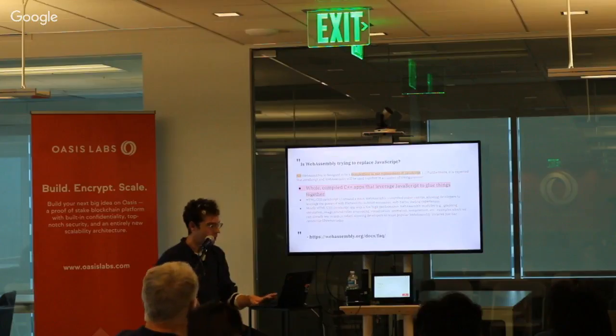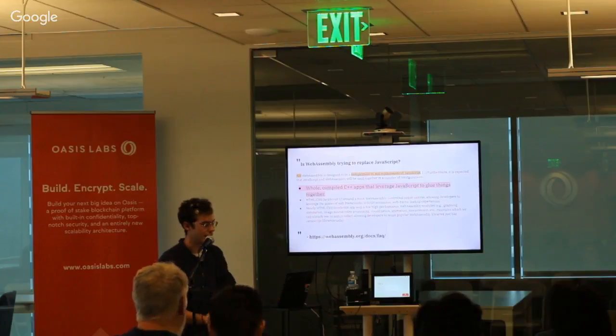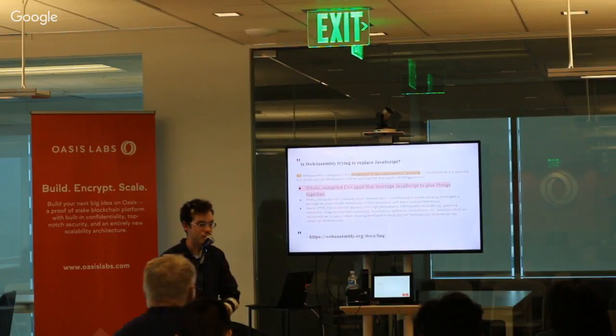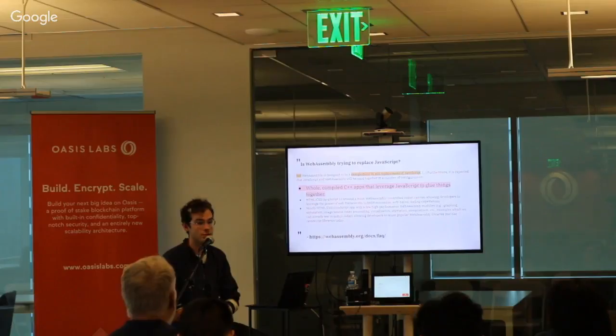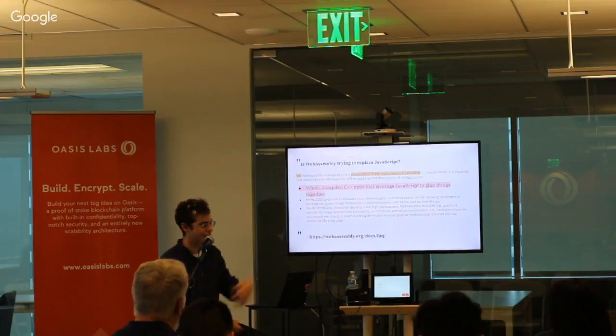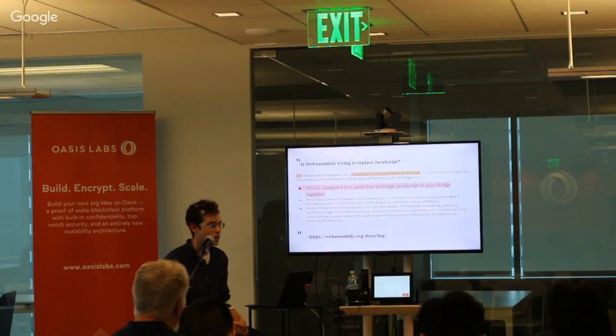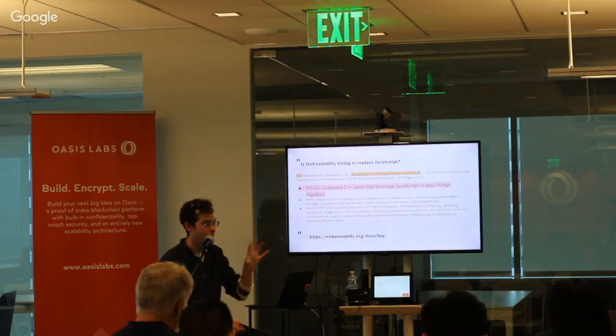On the WASM website, they outline a couple of ways that they foresee Rust, WebAssembly and JavaScript being used together in harmony. Basically there are three archetypes that they lay out. Sometimes it's going to be a giant C++ app that has been around for a long time, and it gets compiled into one binary, and then you use a little bit of JavaScript just to connect it to browser APIs.